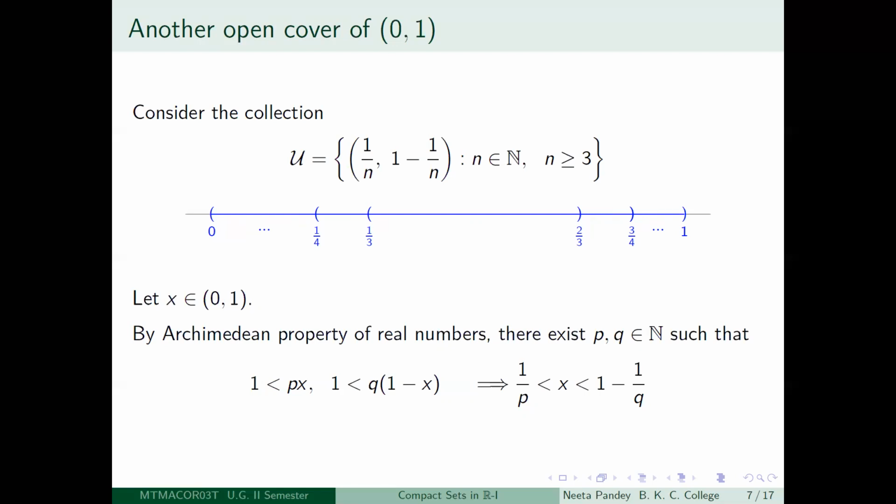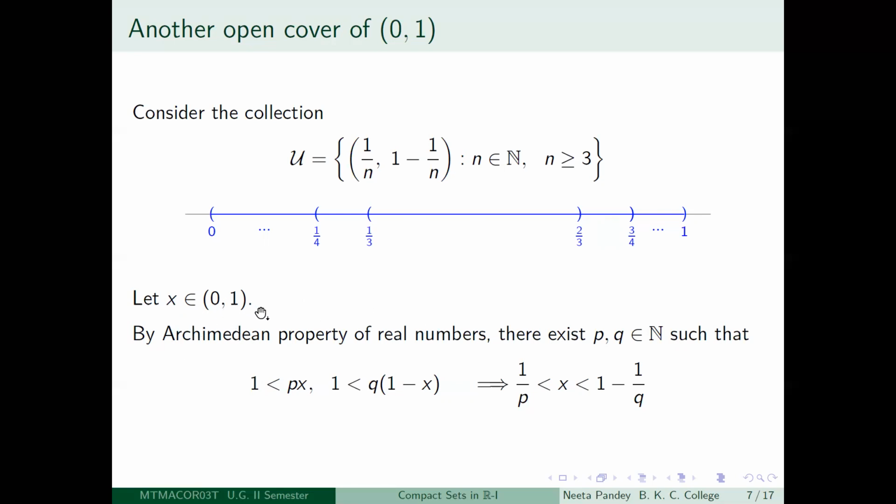We will take any point in the open interval 0, 1. Then we will look at the numbers x and 1 minus x. So x is also positive and 1 minus x is also positive, right? Because x is less than 1, so 1 minus x is greater than 0 and x is greater than 0, clear, given.